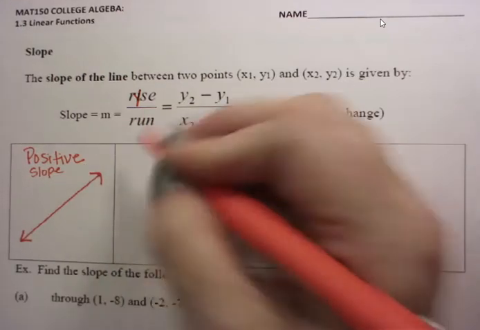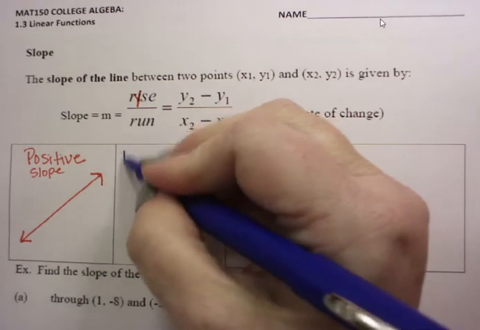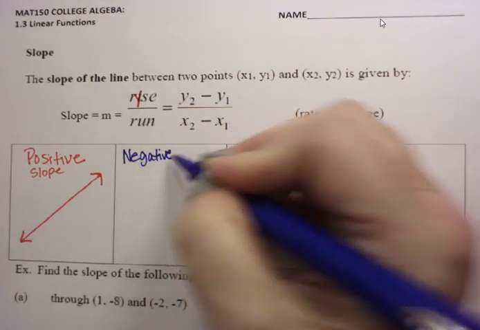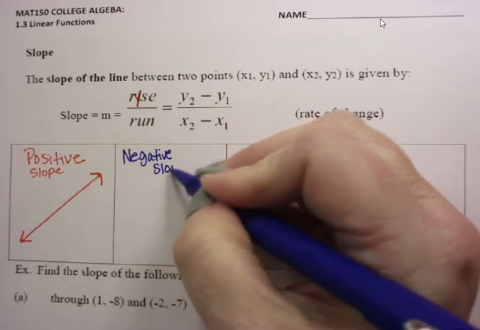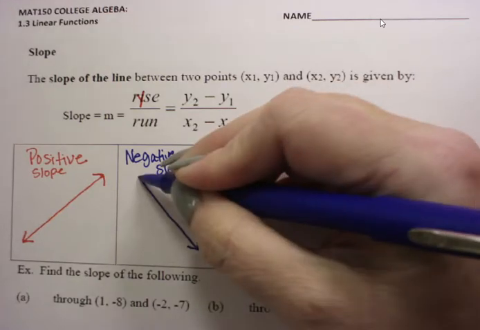You can also have a line that has a negative slope. A negative slope has a line that is decreasing from left to right.